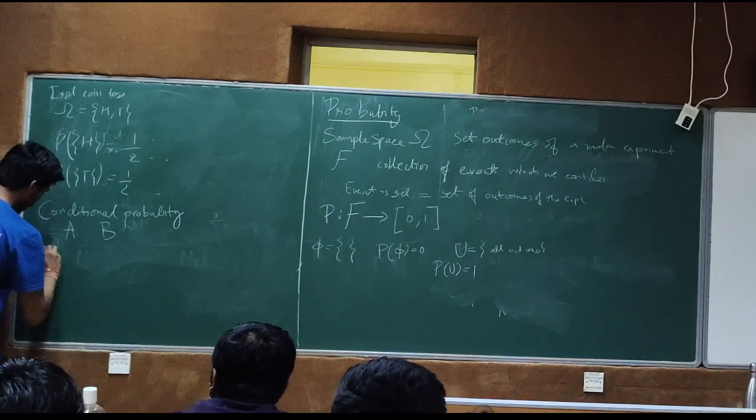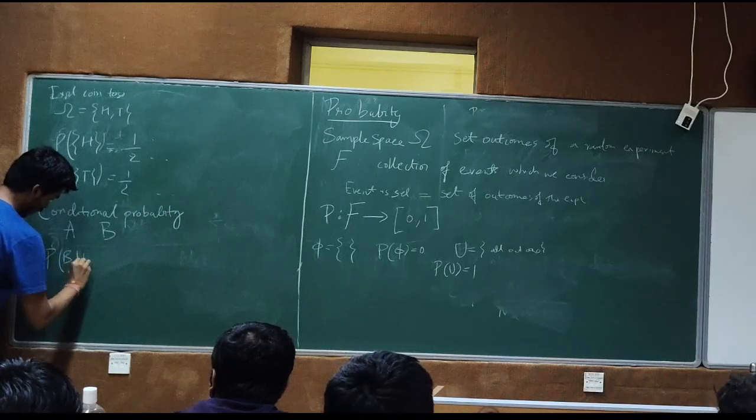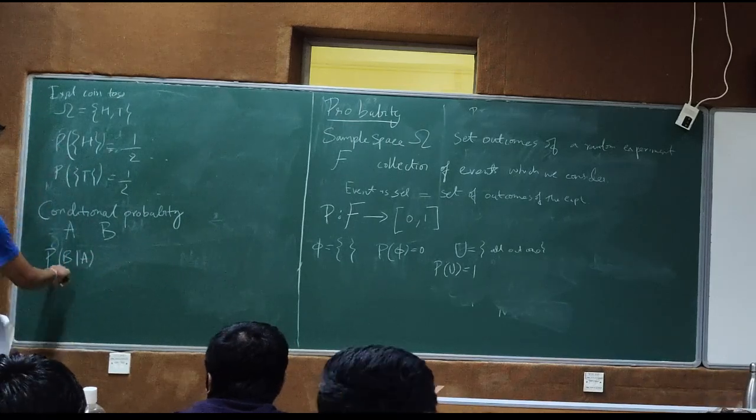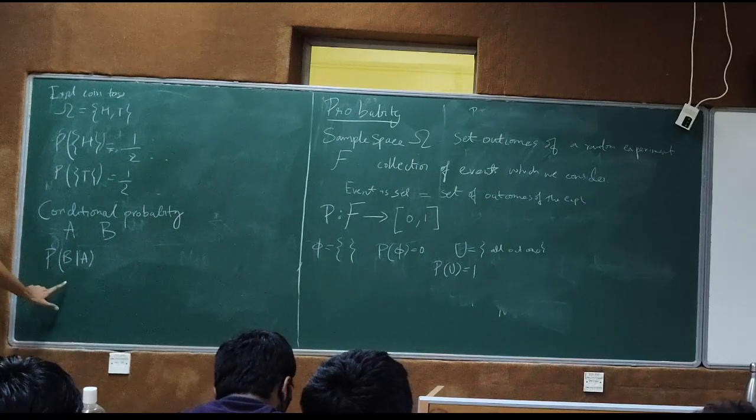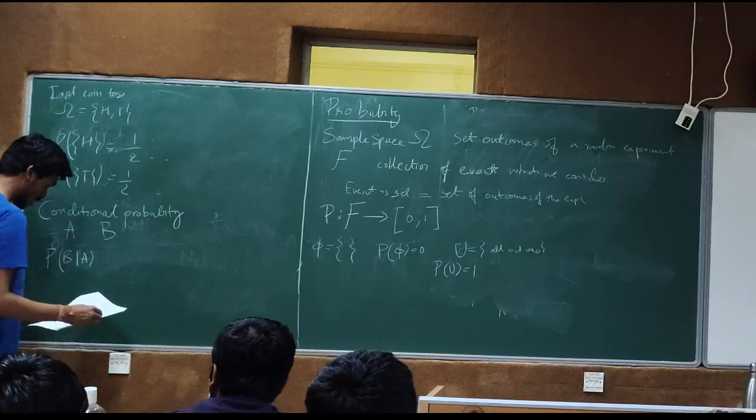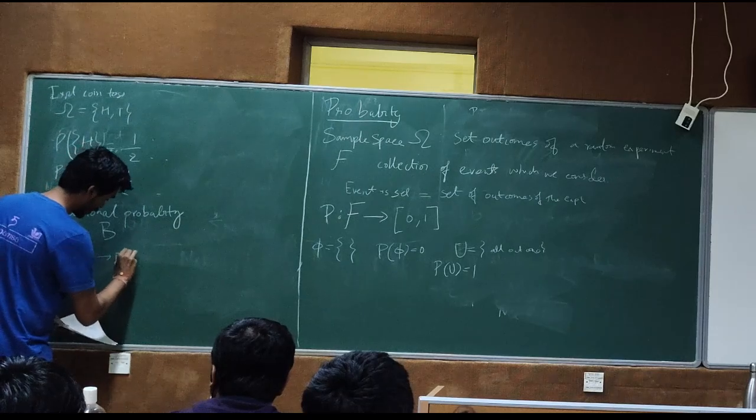So that is denoted by this. This is the conditional probability of B occurring given that A occurs.